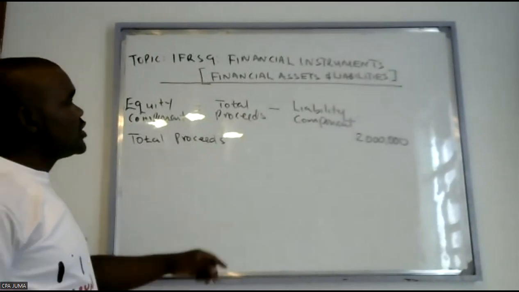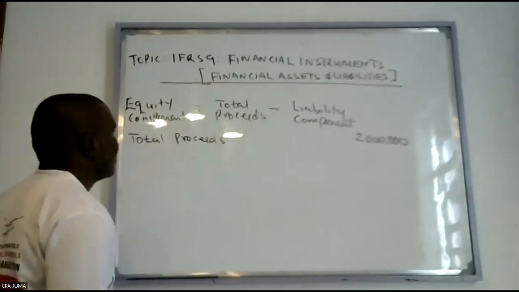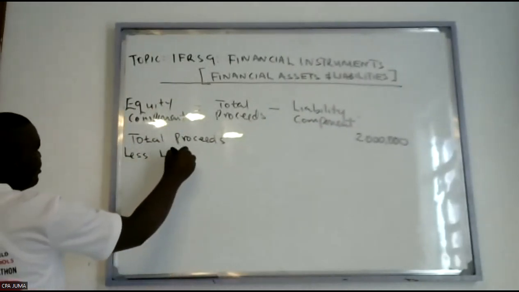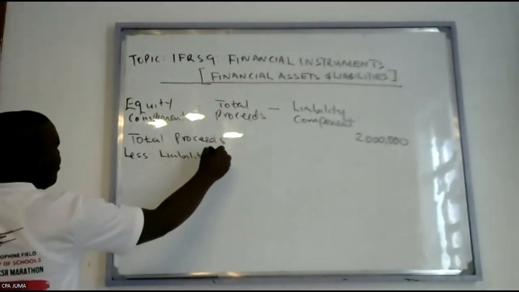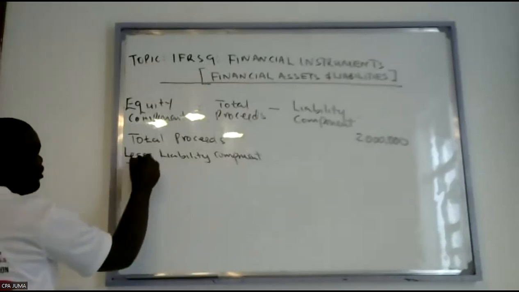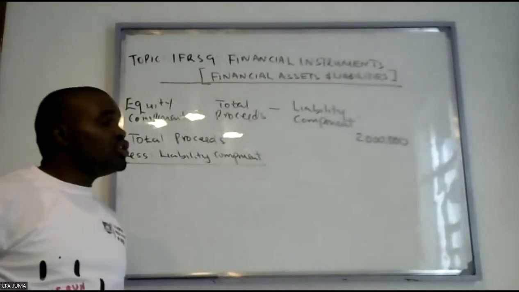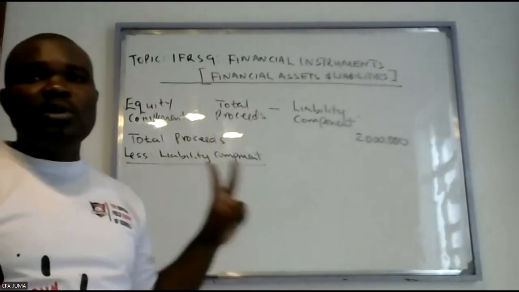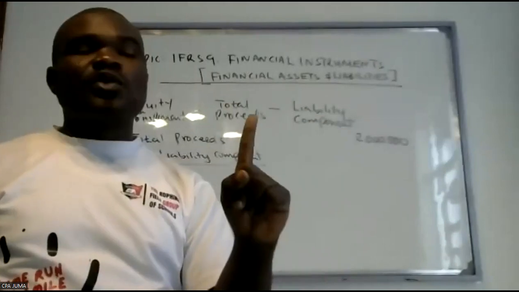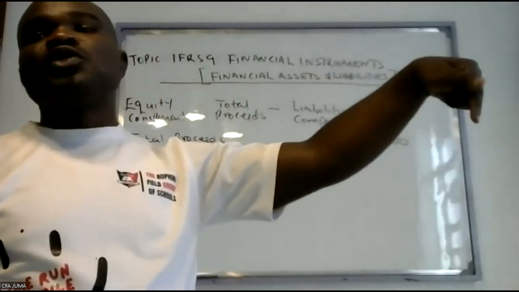Now you subtract what they will pay back, which is the liability. So liability component, less the liability component. So liability components, when you issue a bond, you have 2 obligations. One, utakuwa unalipa the annual interest, that is 1. 2, you will pay the principal upon maturity.